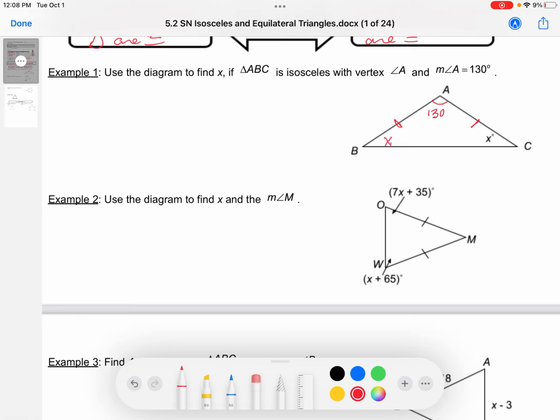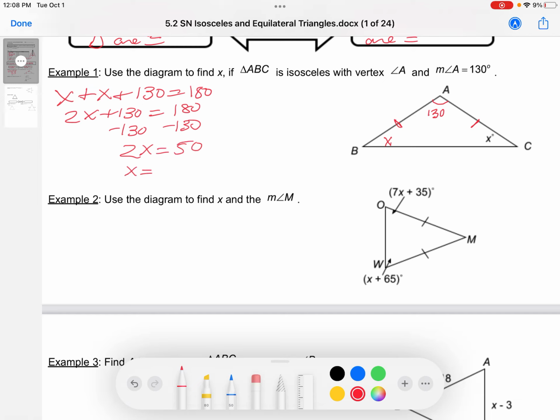This is going to be 130 degrees, and that's going to be an X. I add them all together: X plus X plus 130 equals 180 degrees, so 2X plus 130 equals 180, because all angles added together equal 180. I subtract 130 from both sides, so 2X equals 50, and X equals 25.